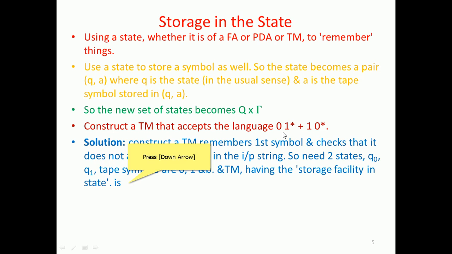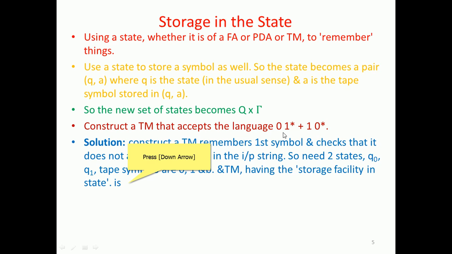So we need two states, q0 and q1. The tape symbols are 0, 1 and blank.